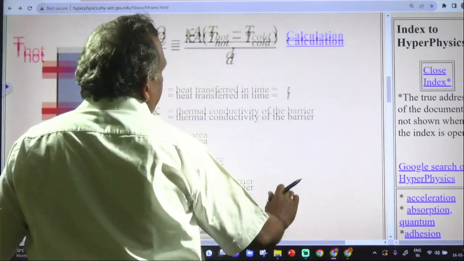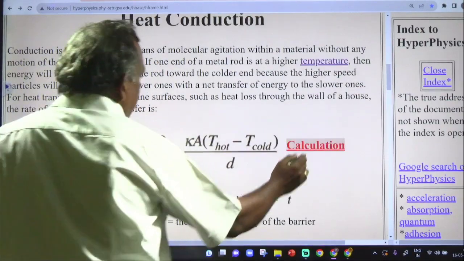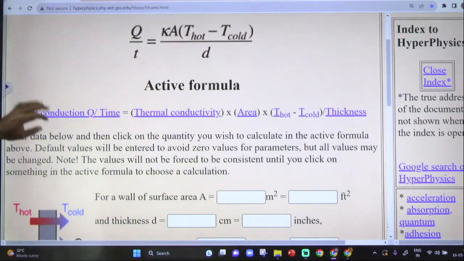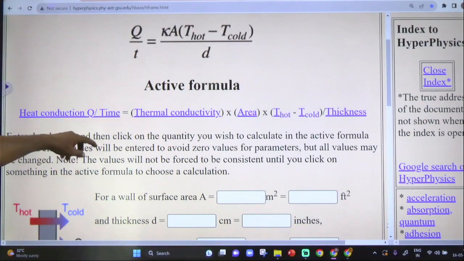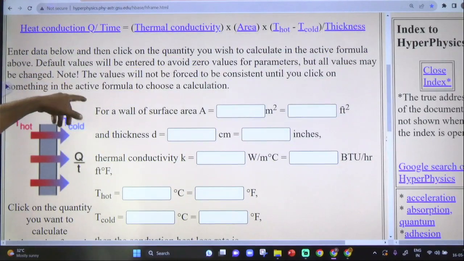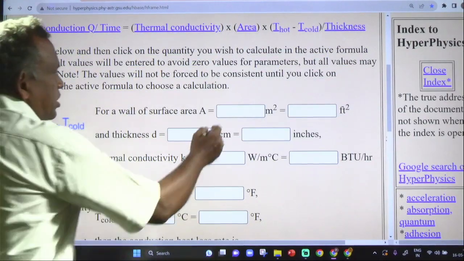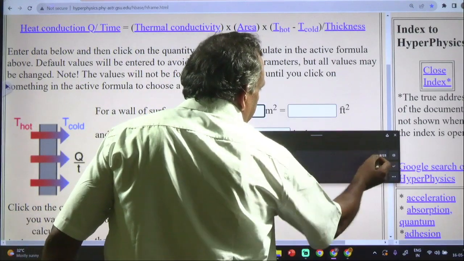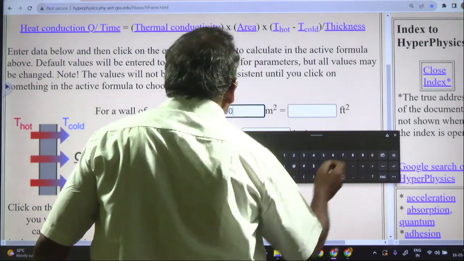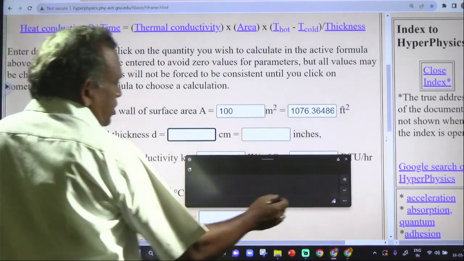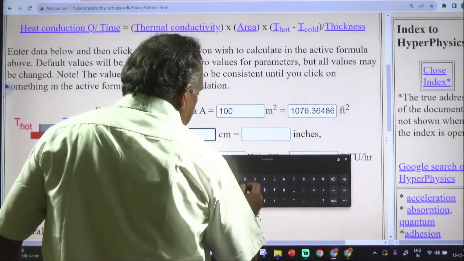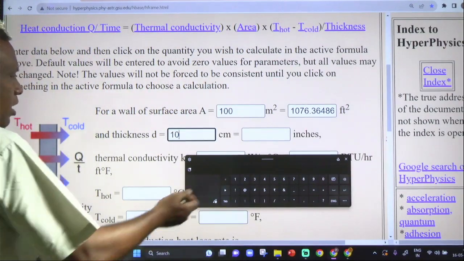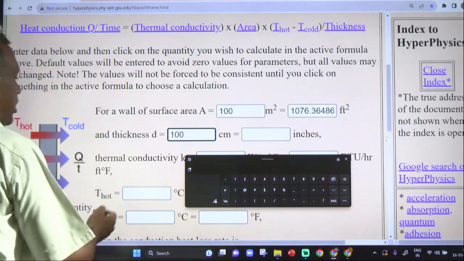For example, there is a wall with surface area 100 meter square, and thickness, let us say, 100 centimeters, which is 1 meter approximately.